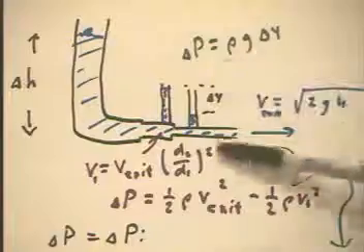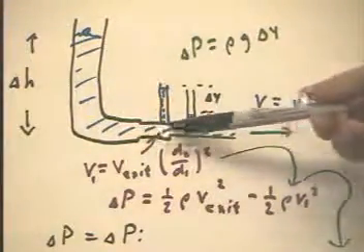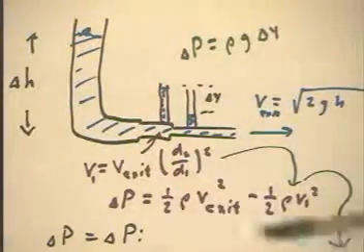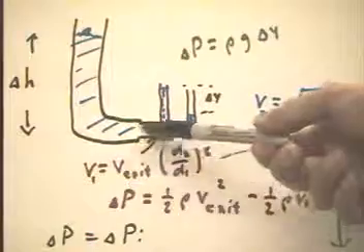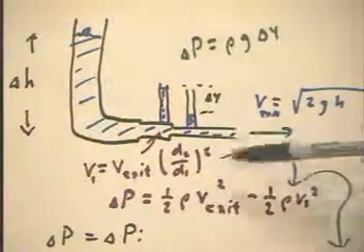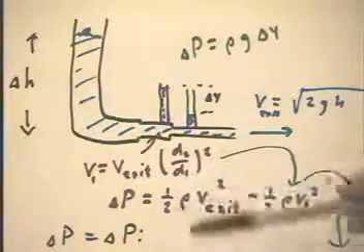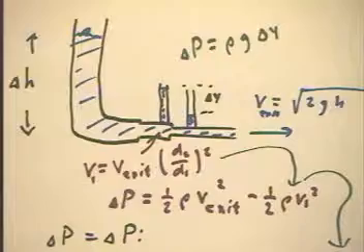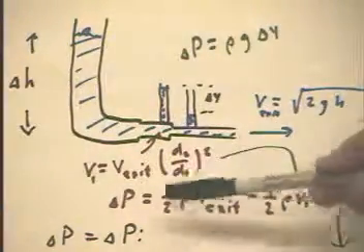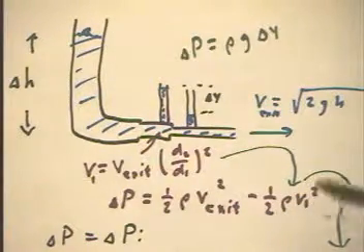So kind of summarizing what we have at this point, the pressure difference between here and here is rho g times this delta Y. The velocity V1, the velocity in this tube, is the exit velocity, which is what we called V2 a minute ago, times the square of the ratio of the diameters, so that the pressure differential between here is 1/2 rho V exit squared minus 1/2 rho V1 squared.